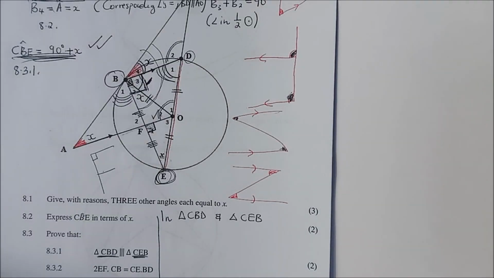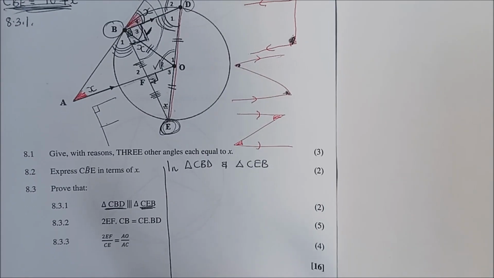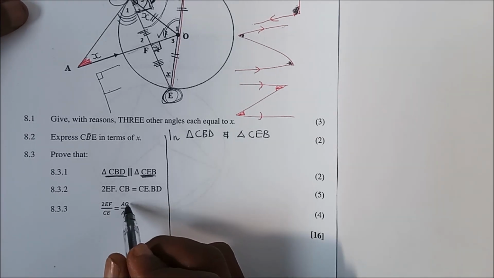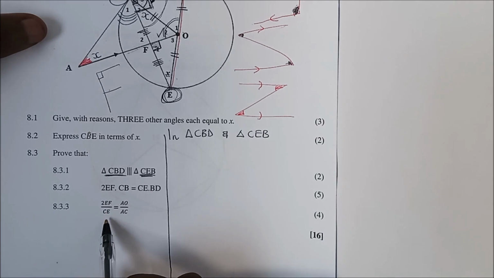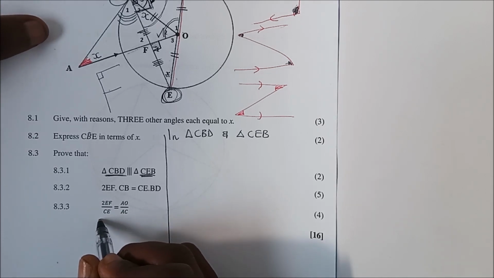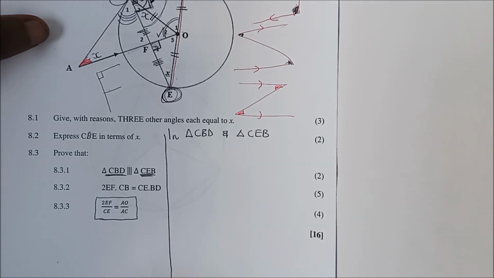So welcome back. So guys, in the previous video, this was our last question. The last question was to show that 2EF over CE is equal to AO over AC. So now if you look at this thing, it's similar to something.